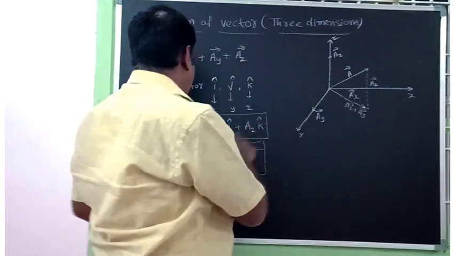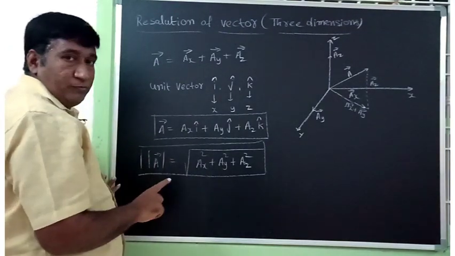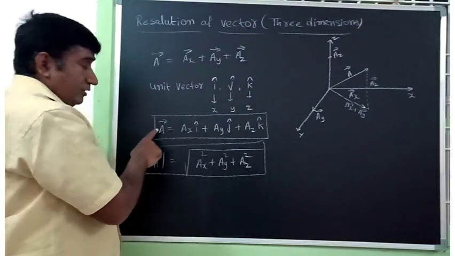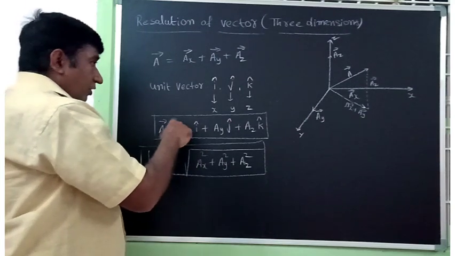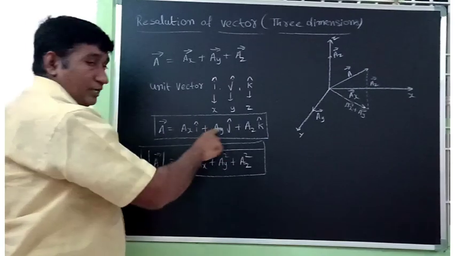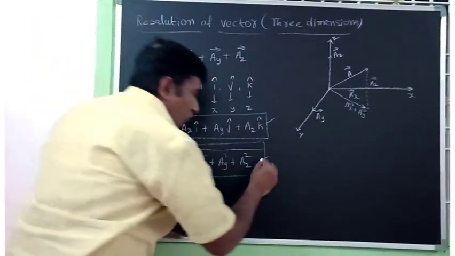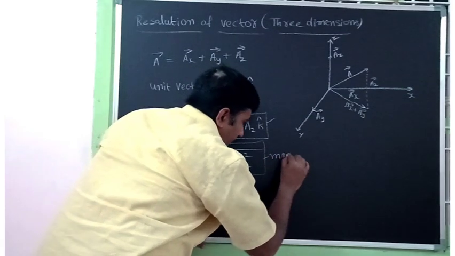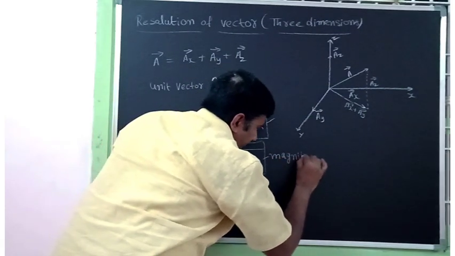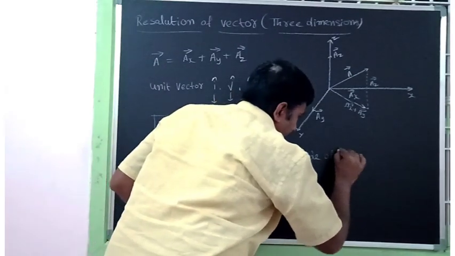In such a case we are going to get this equation, or by default we can write this as three component vectors along the x-axis, y-axis and z-axis as like this. So this is a vector and this is the magnitude of a vector.